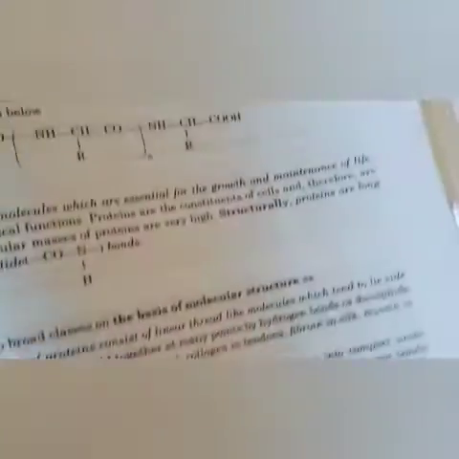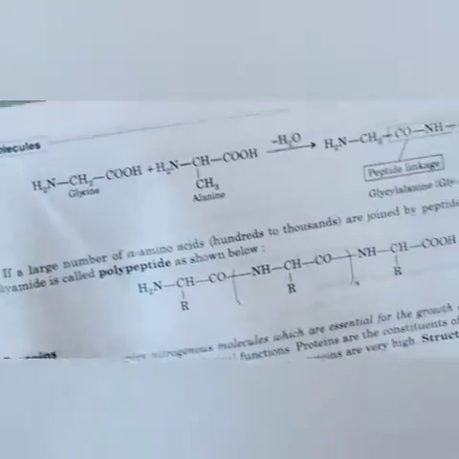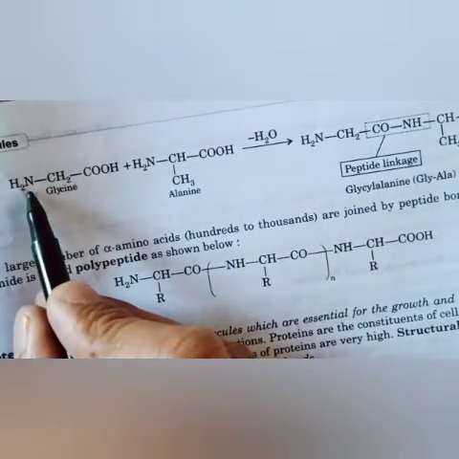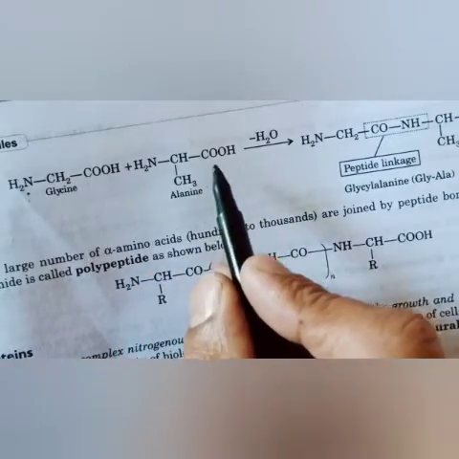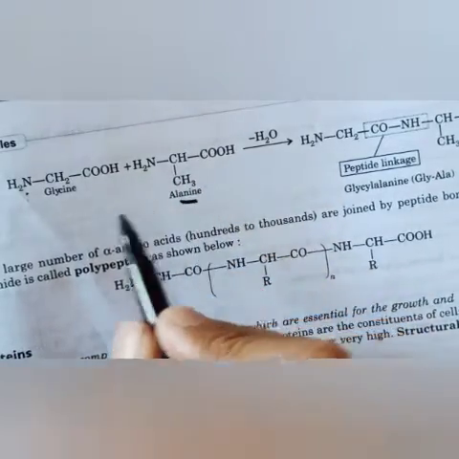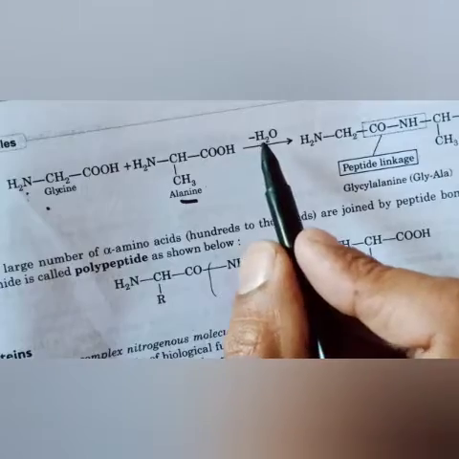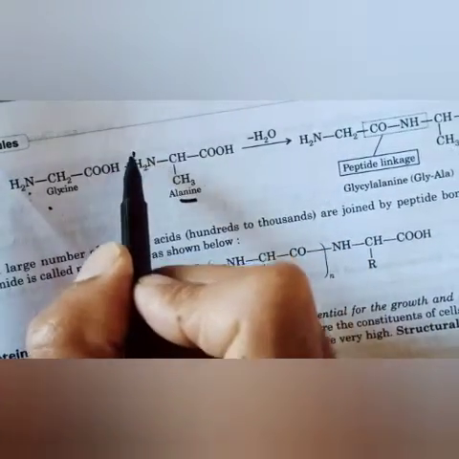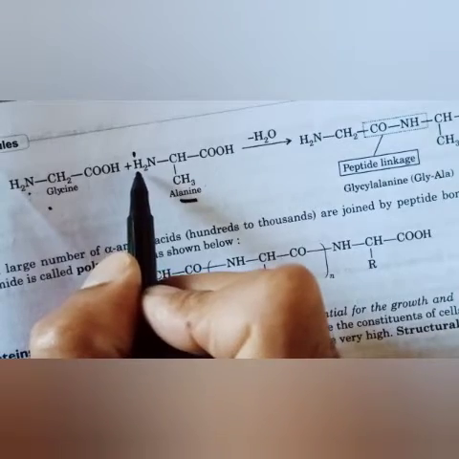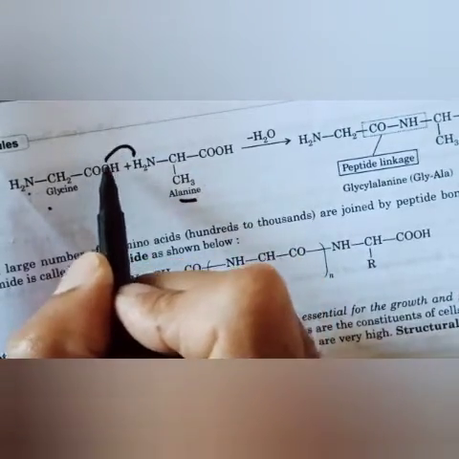Okay, so for example, here I am going to show you. In the case of glycine, NH2 CH2 COOH plus NH2 CH CH3, this is alanine. When glycine and alanine react, H2O is released obviously: one H from here and OH from here.